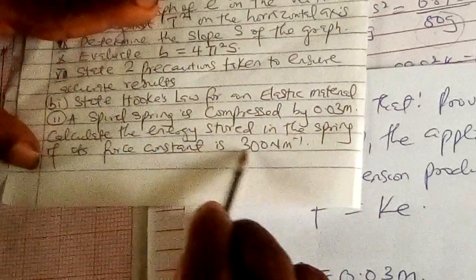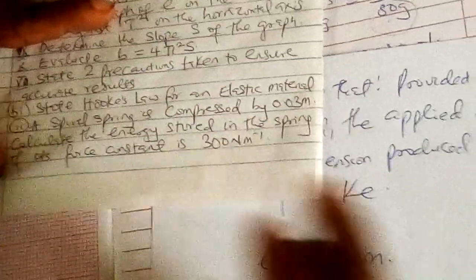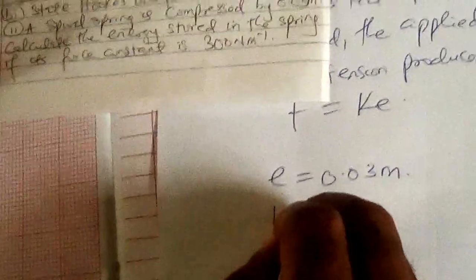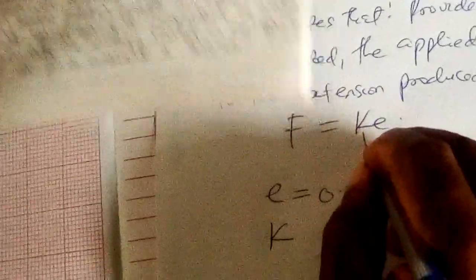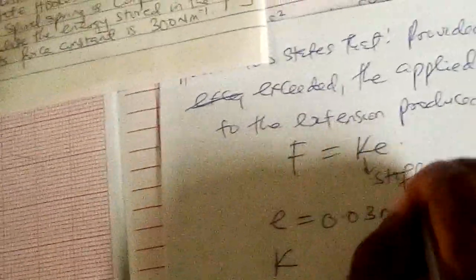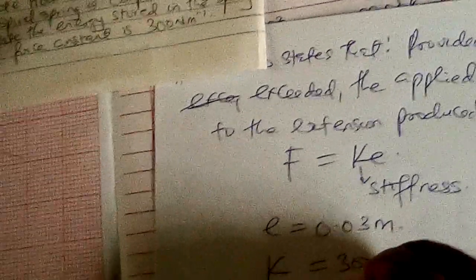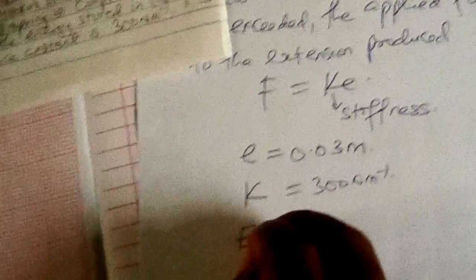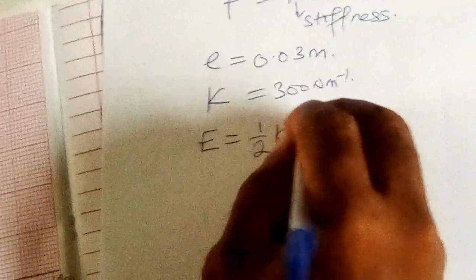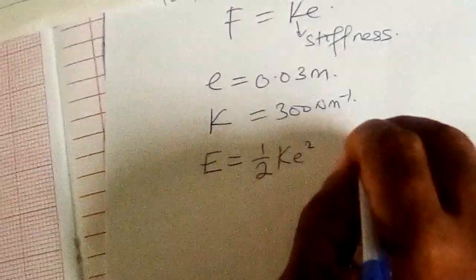The k is called the constant, or you can call it stiffness, or force constant. So it is 300 Newton per meter. You are asked to find the energy stored in the spring. Energy stored in the elastic material is given by the formula half ke squared, or half Fe.